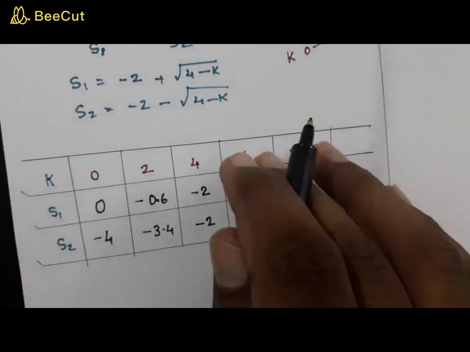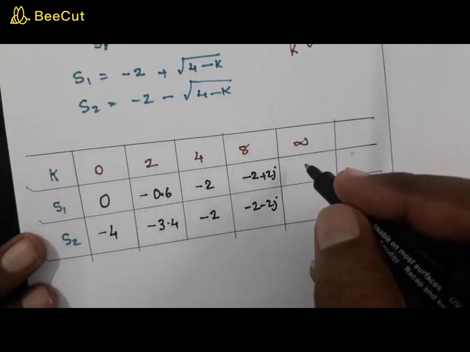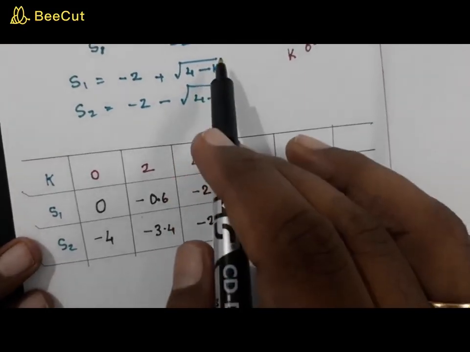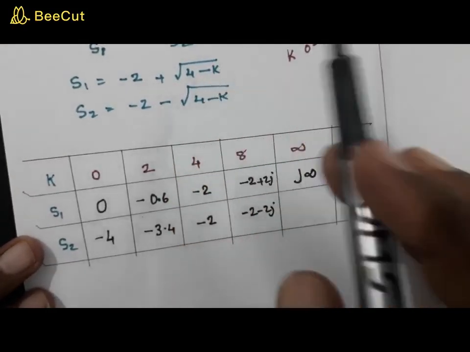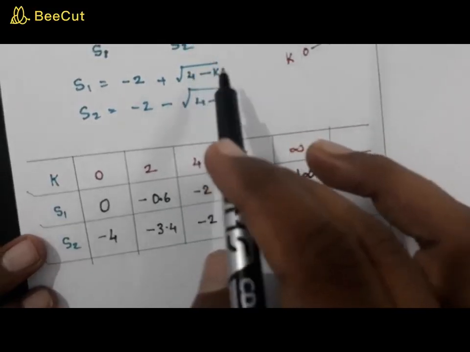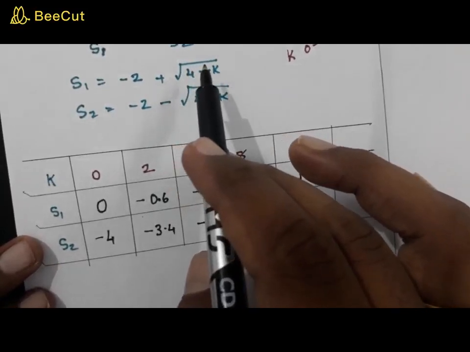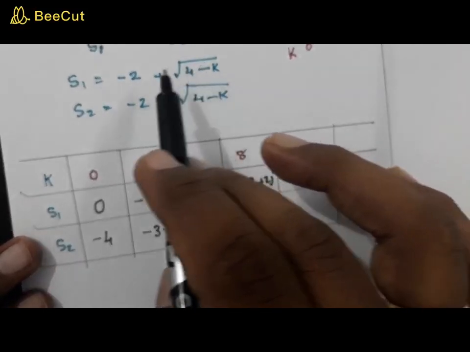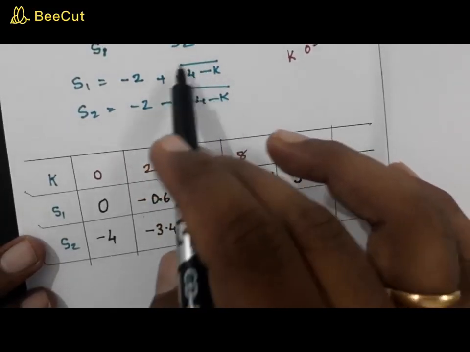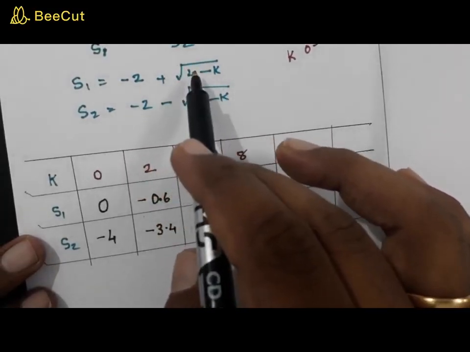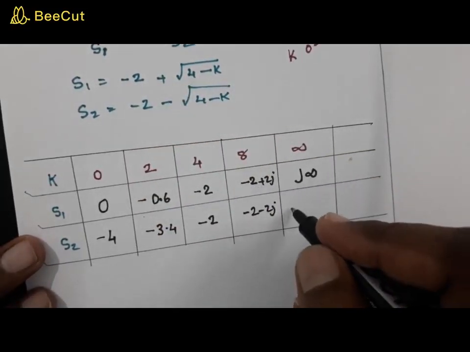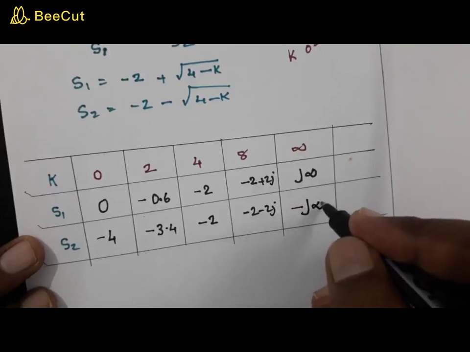And what happens at infinity? At infinity you can see that s1 becomes j infinity. When k is infinity, the root of 4 minus k is the root of minus infinity, so this will be j infinity and this one will be minus j infinity.